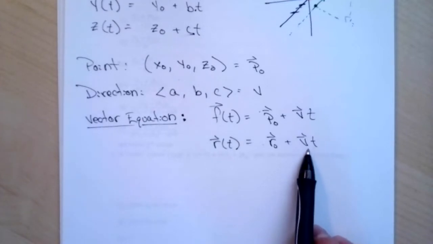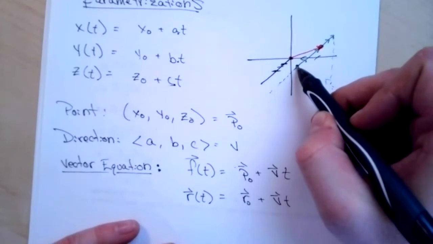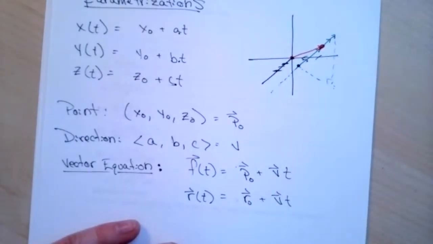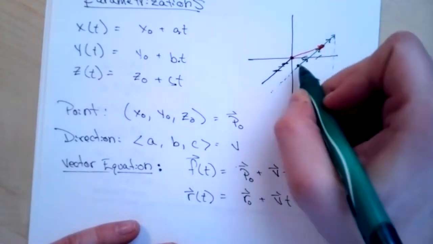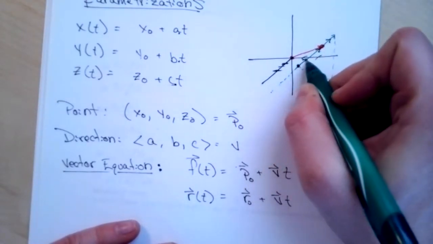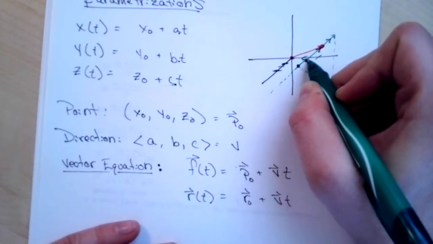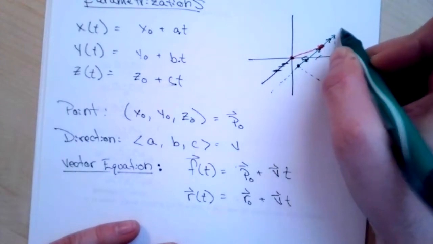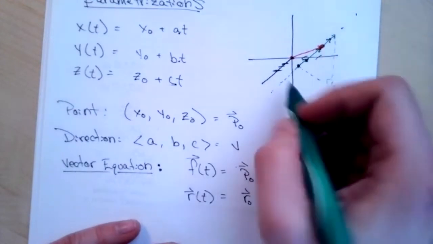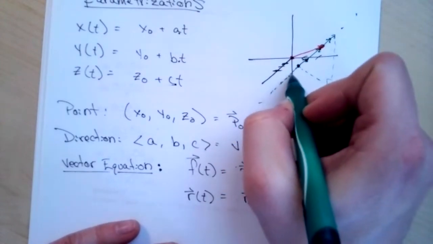direction. And as t continues to move, so let's say here's our p naught, our v points in this direction. So at 1 unit of time, we've walked one length of v starting from p, and then 2 units of time, we've walked one more. And so every unit of time that ticks, we are walking 1 unit in that direction. And then we also allow time to be negative.